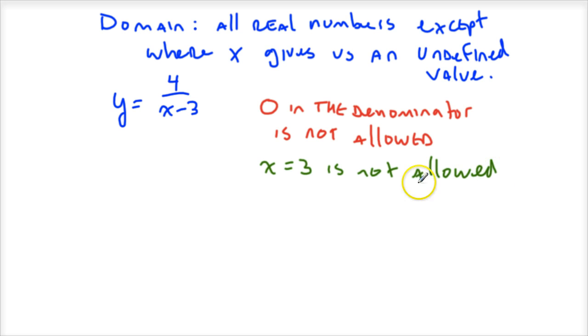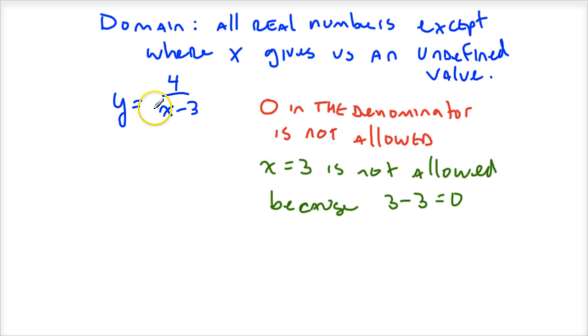And that's because 3 minus 3 equals 0, right? So I'm looking at this denominator. I'm trying to determine what value for x would give me a 0 down here in the denominator, and I can see pretty clearly 3, because if I have 3 minus 3, that would be 0. So we'll have different ways to write this out.